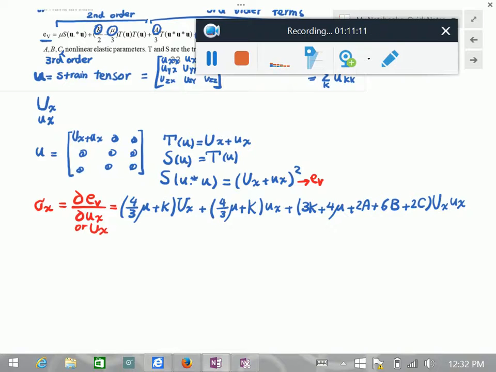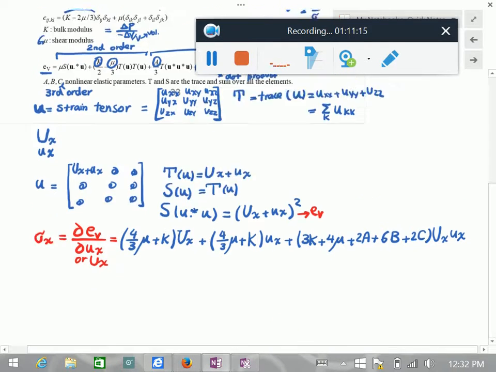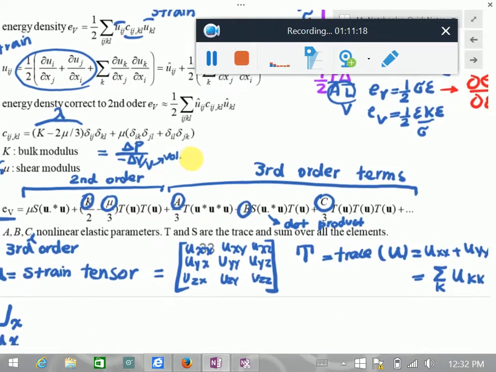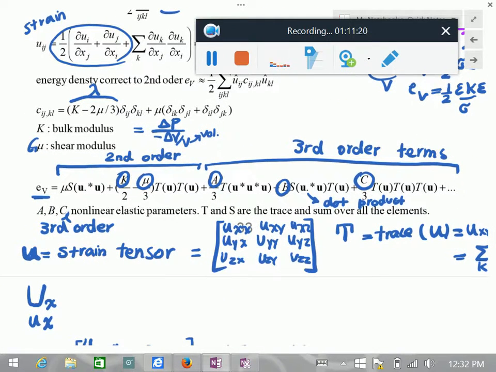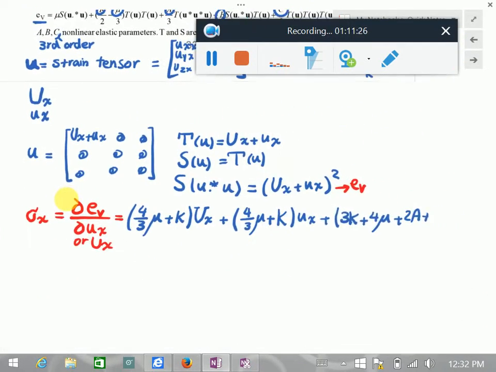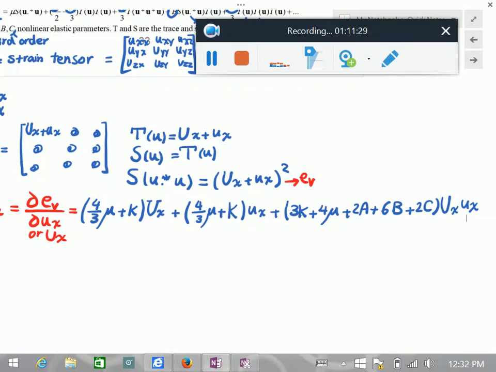You can use the same thing to get the linear elastic material. So linear elastic properties. If you ignore all the A, B, C terms, you only have this first part. Now, if I didn't have A, B, C, and didn't have the higher terms, then from this you can basically get the same, and of course then you don't have ux.